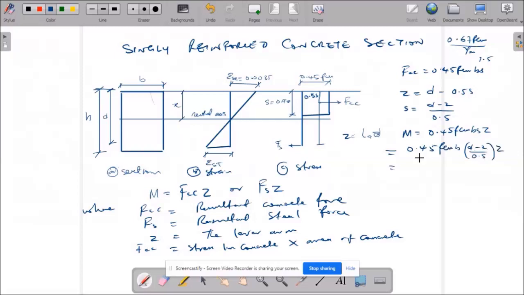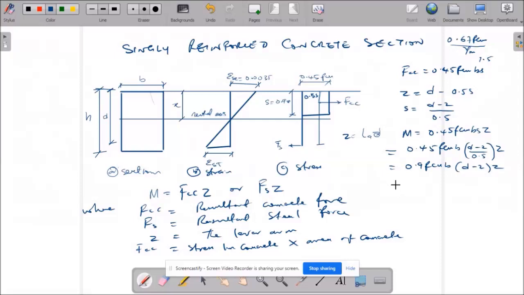If we expand, this is equal to 0.9 FCU B in brackets D minus Z, with another Z outside.